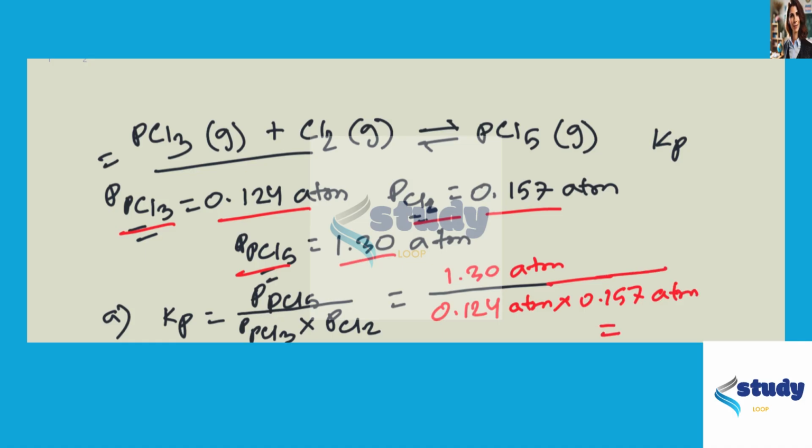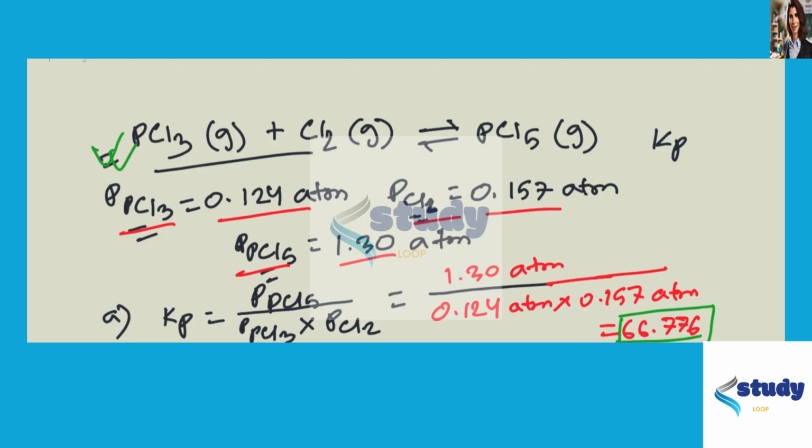Just solving this, we can find the value of Kp, which is 66.776, and this is the Kp value for the reaction given.